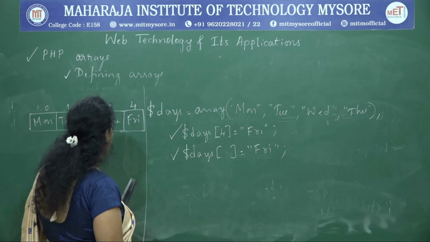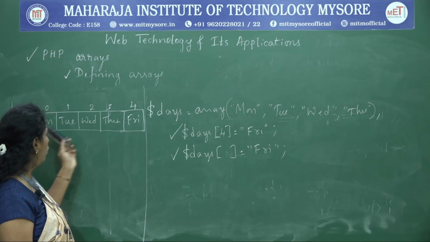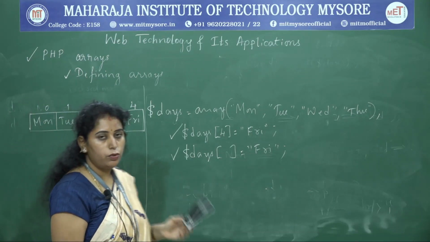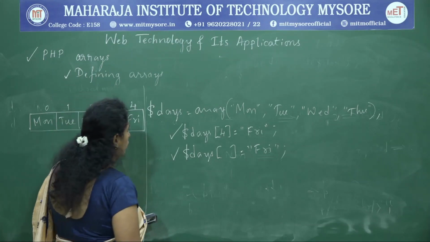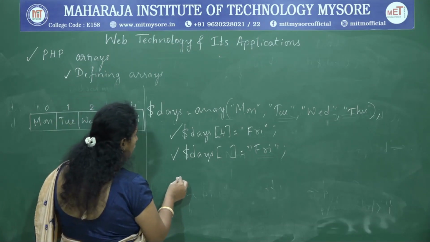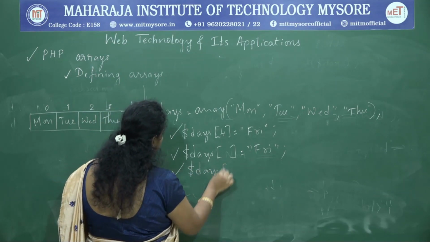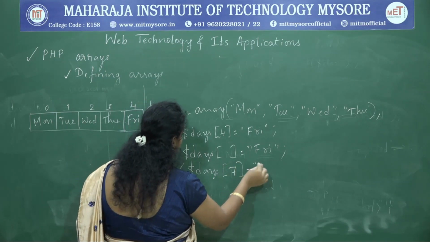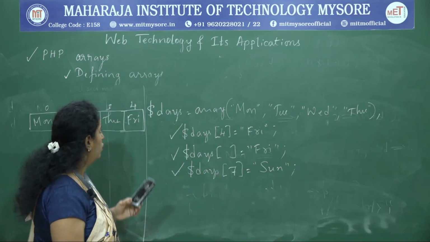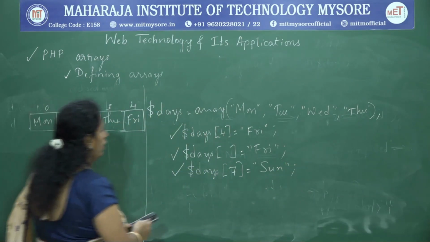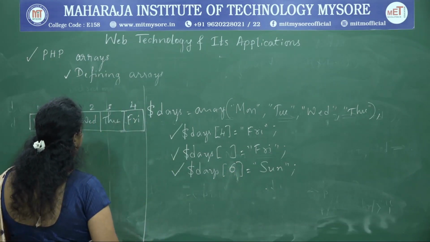Next, you can notice the array index begins from 0 and ends at 4. Next, see here, the next approach is days, index 6, I am giving Sunday. So what happens here?